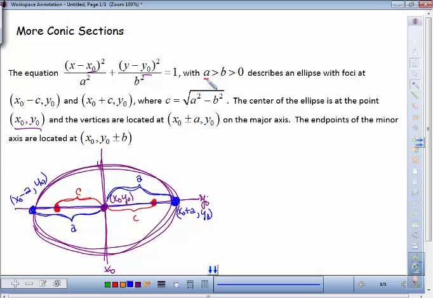Since a is the larger value over b, this is going to be called your major axis, because that's the one that has a longer side of the ellipse, which means the other axis is called your minor axis. And this has a distance of b from the center point to the edge of the ellipse.